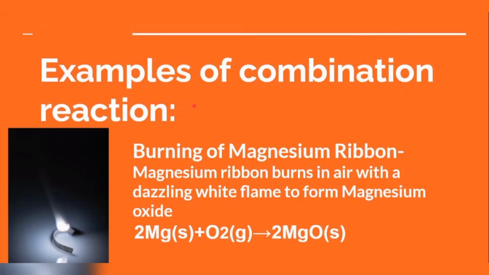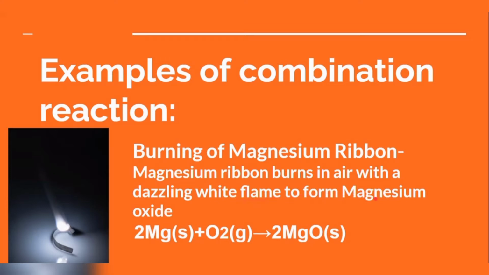So let us study the different examples of combination reaction. The first one is burning of magnesium ribbon. Magnesium ribbon, when it burns in air, produces a dazzling white flame, and after burning, an ash colored substance is obtained.